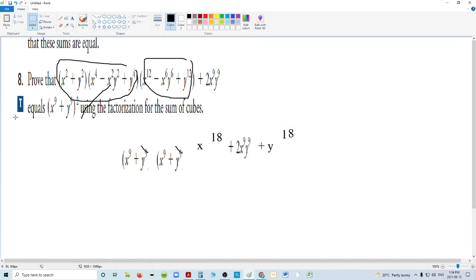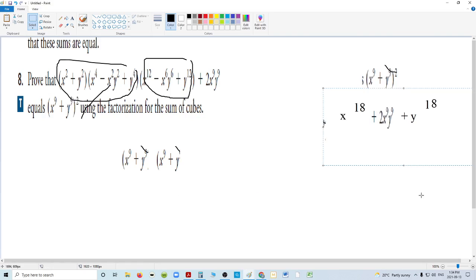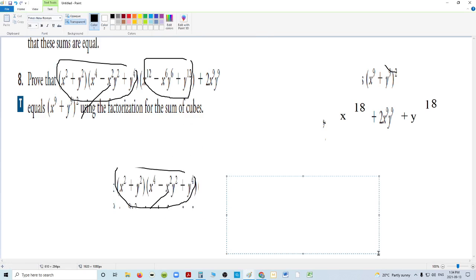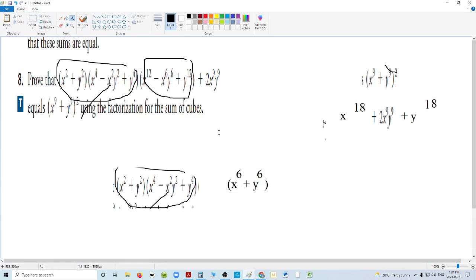So this is this right term right here. If I expand this, this is what I get. This left term, I've already determined that this is the sum of x to the 6 plus y to the 6. I've already determined that from my knowledge of sum of cubes. That's precisely, if I factored this, that's precisely what I would get.